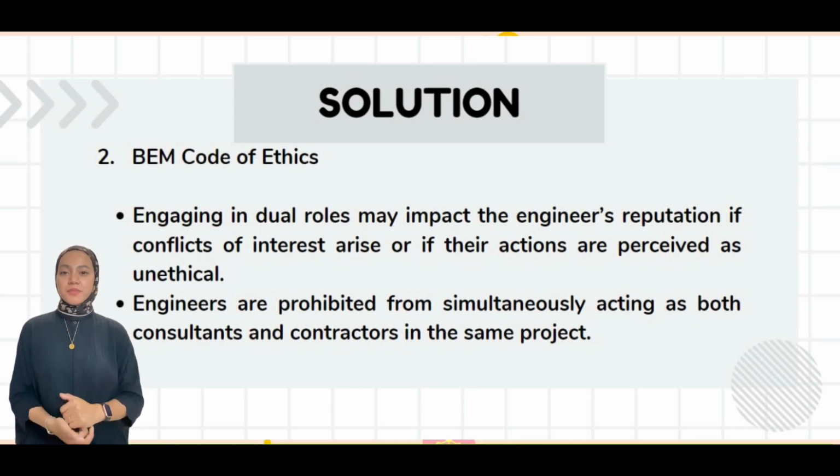Engineers are prohibited from simultaneously acting as both consultant and contractor in the same project. Upholding the highest standards of professional conduct is essential to maintain trust and credibility within the engineering community and among stakeholders.